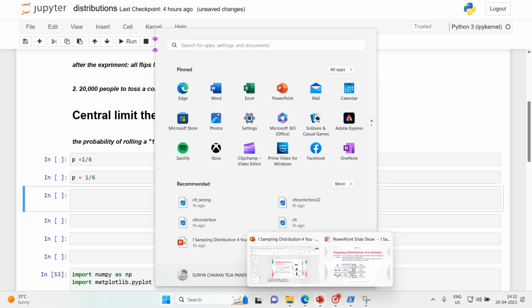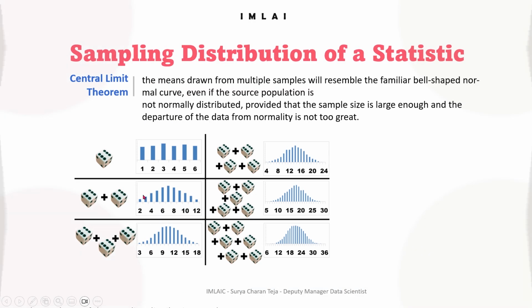Now let me show here. See, this is one dice rolled. You got 1, 2, 3, 4, 5, 6. This is by and large uniformly distributed. Then you got the 2 dice rolled and we mapped it. This is what we got. But as the number of dice increases, it's getting closer to the normal distribution. That's what the normal distribution is.